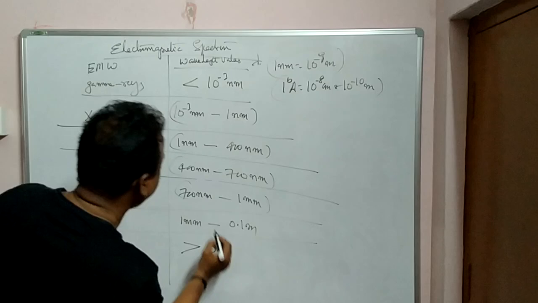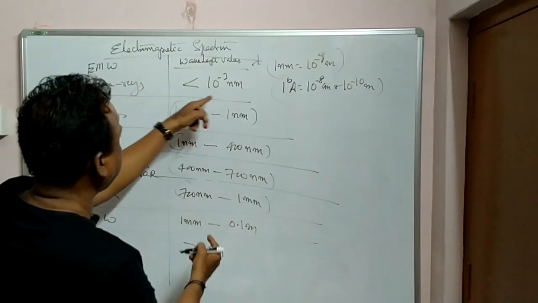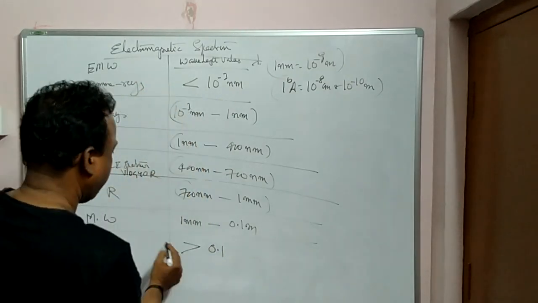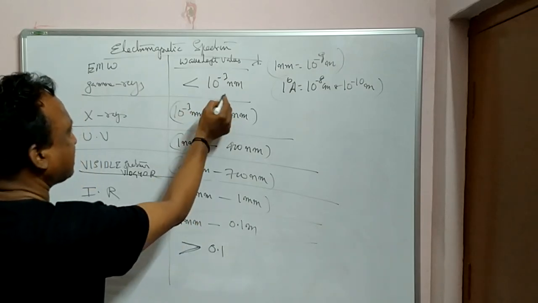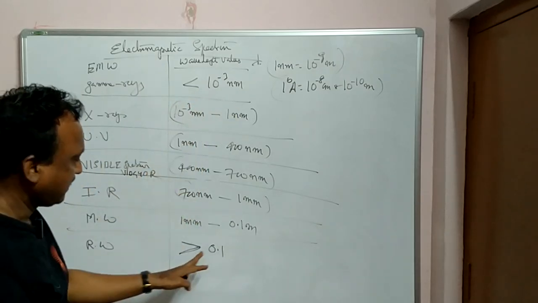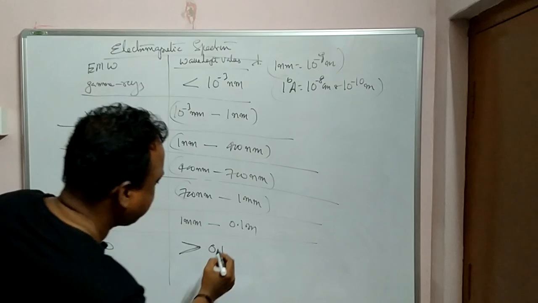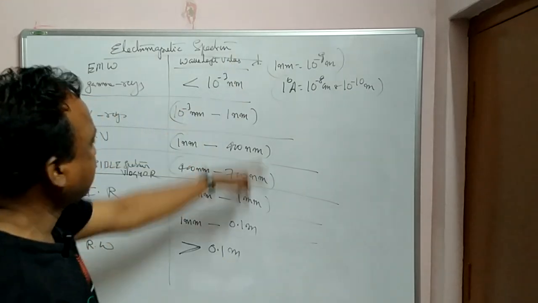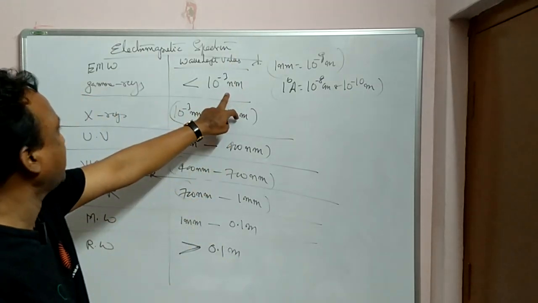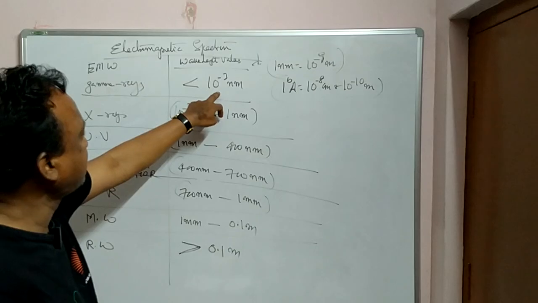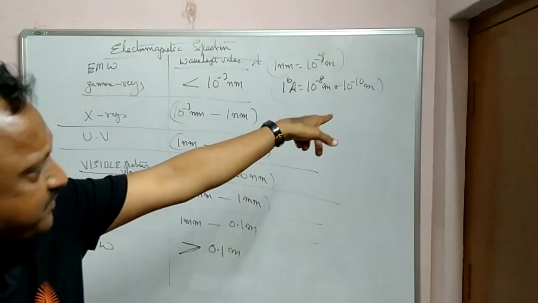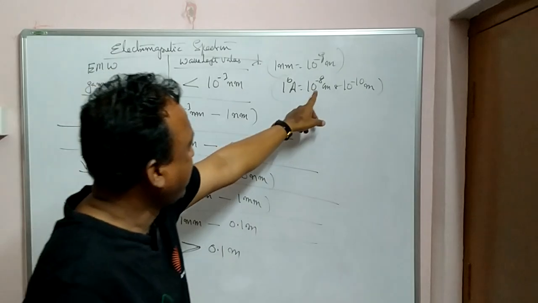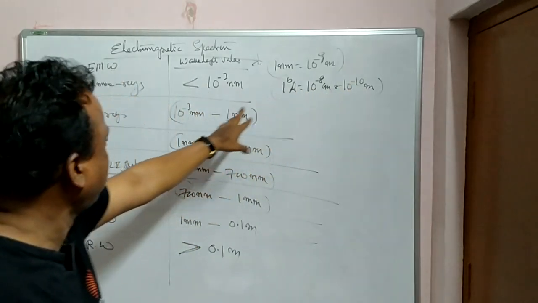Greater than 0.1 meters. This symbol is greater than, this is less than. So these are the lambda values, the wavelength values. Gamma rays are 10 power minus 3 nanometers. 1 nano is 10 power minus 9 meters. Angstrom is 10 power minus 10 meters.